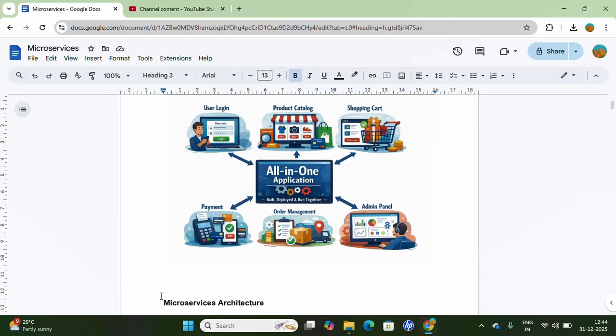Order management directly calls the function of the payment, and if payment wants to interact with order management, it directly calls the function. But in the case of microservices, if payment wants to interact with order management, it will make a REST call. If order management wants to interact with the admin portal, it will make a REST call. The communication happens through REST calls. That's what the definition says.